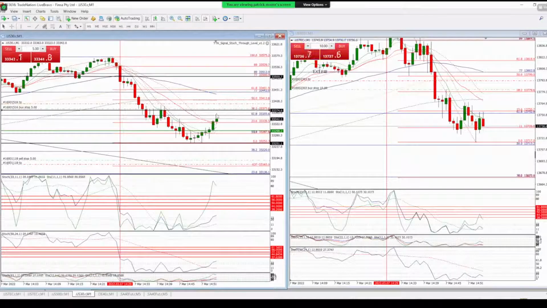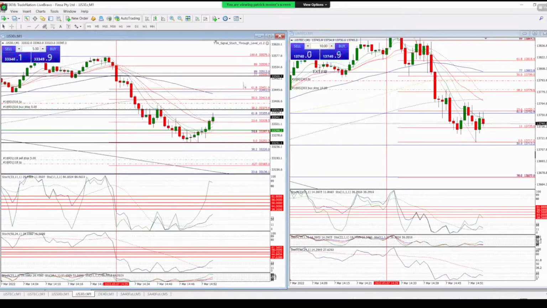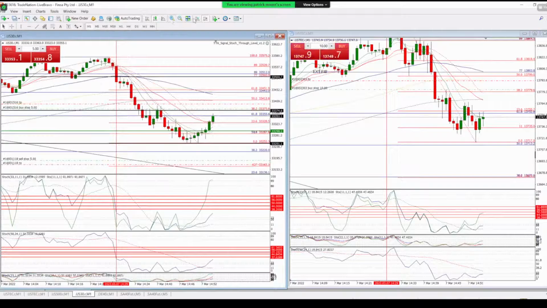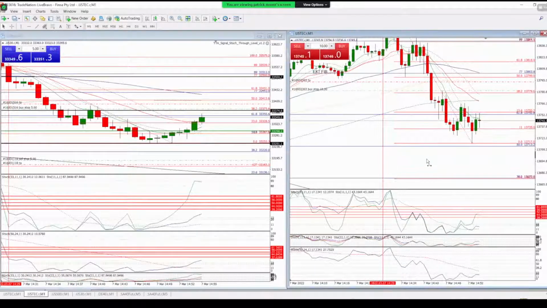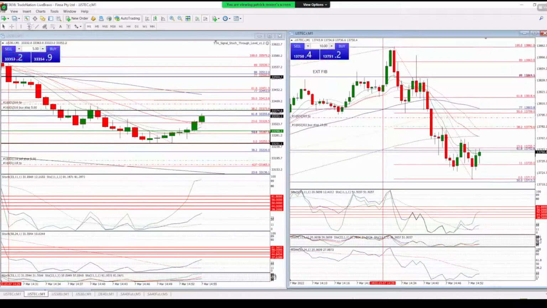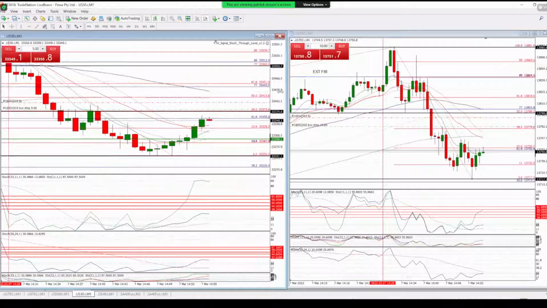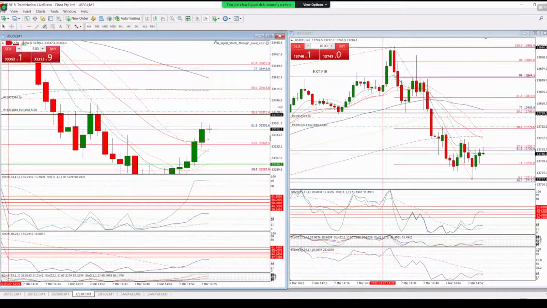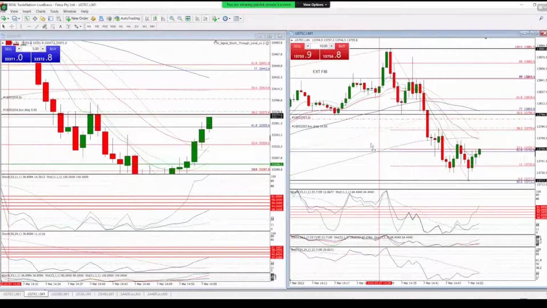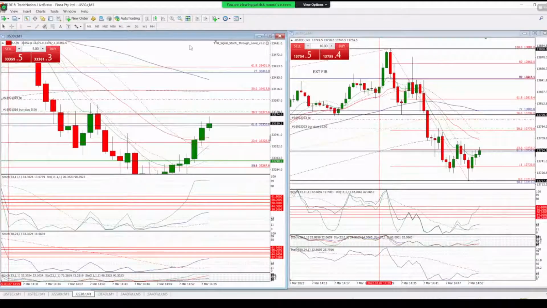Okay, is also halfway mark of opening range. Still got my buy stop in here, 38 to 50.